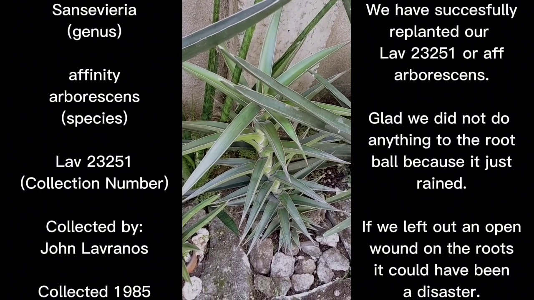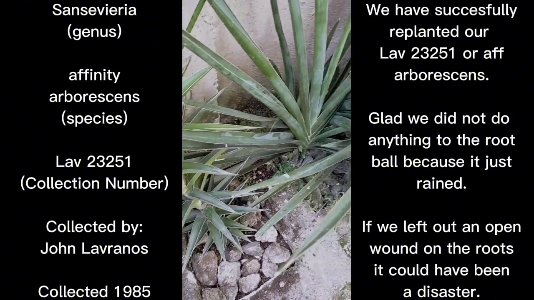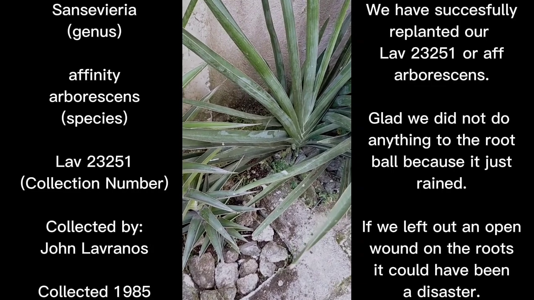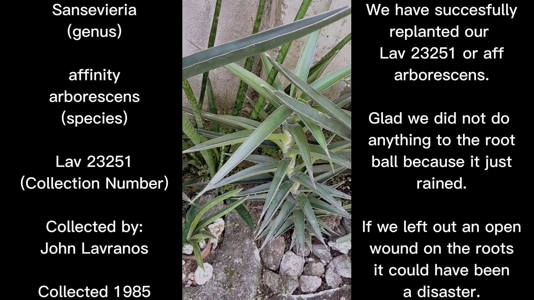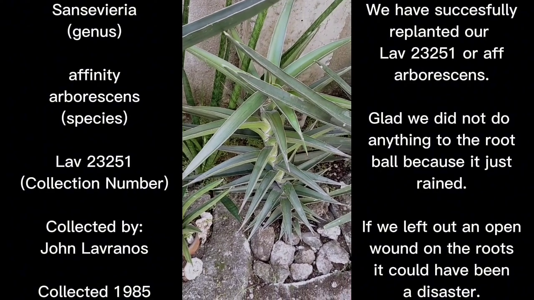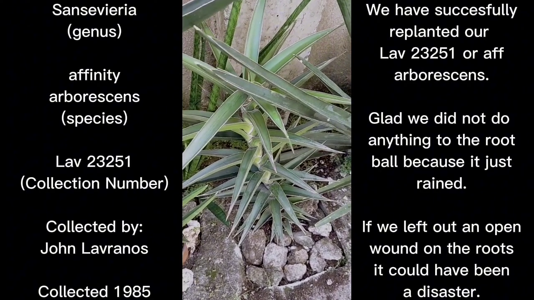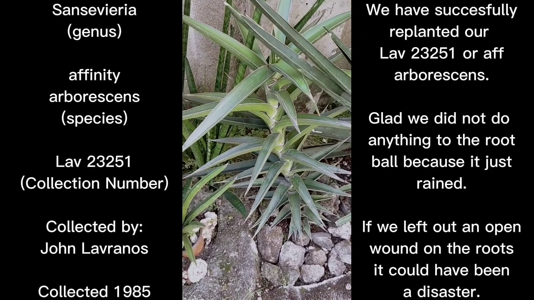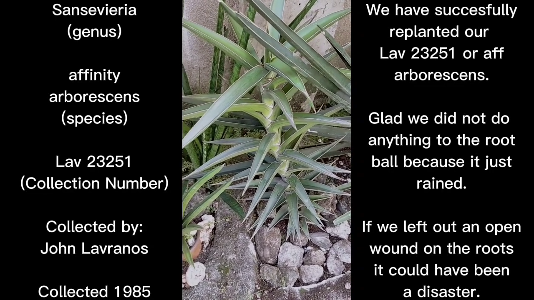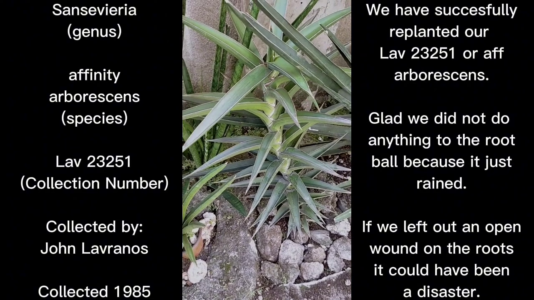It also has a symbiotic relationship with its fellow Sansevierias in this spot, because some of the neighboring Sansevierias are helping it to stay erect and grow upwards, and it keeps the Lavranos 23251 in a stable position.